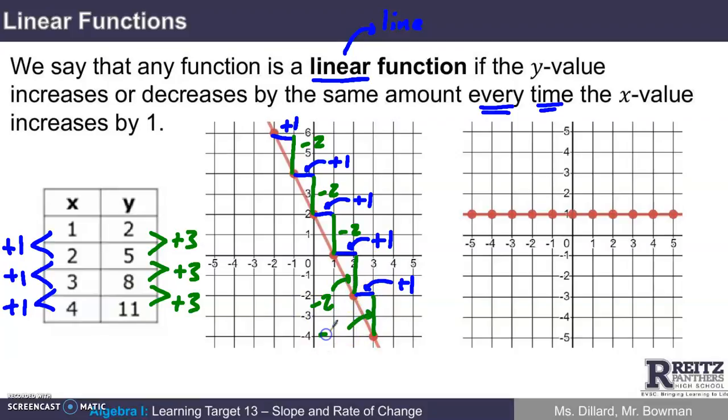So I can see on the graph that for every x increased by 1, y is decreasing by the same amount. This is also linear.